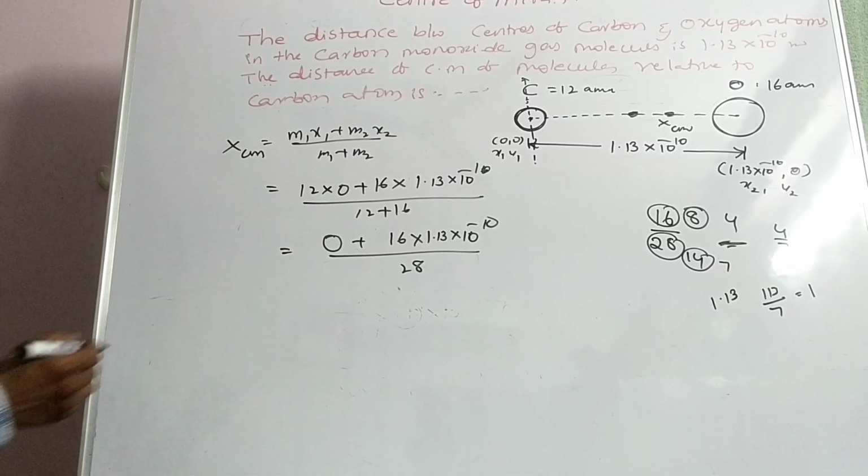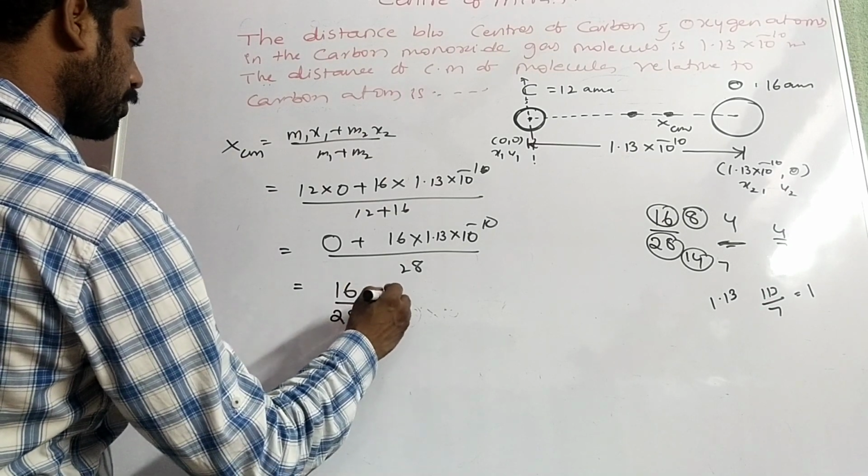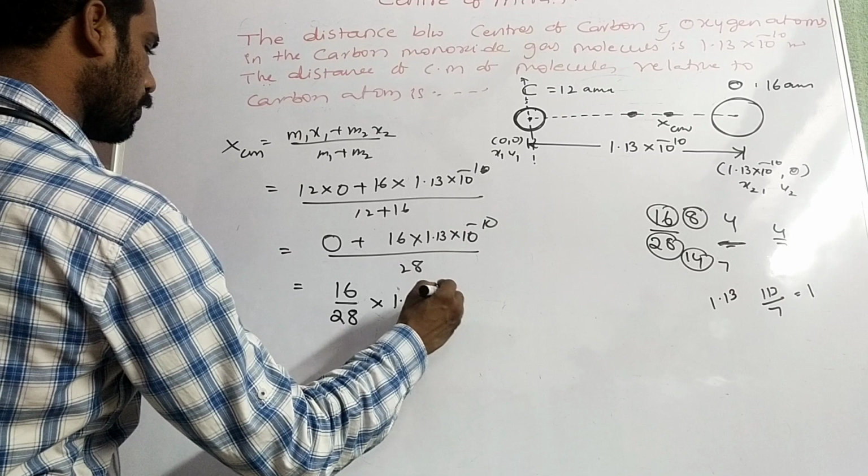So that is equal to 16 by 28, a small modification, 1.13 into 10 to the power of minus 10.